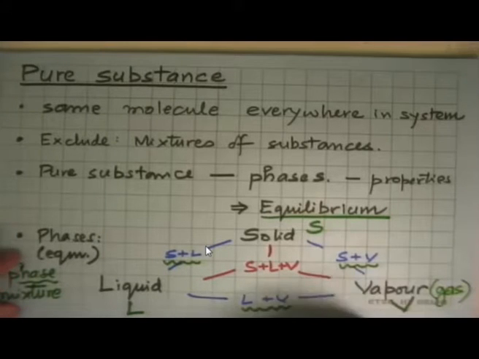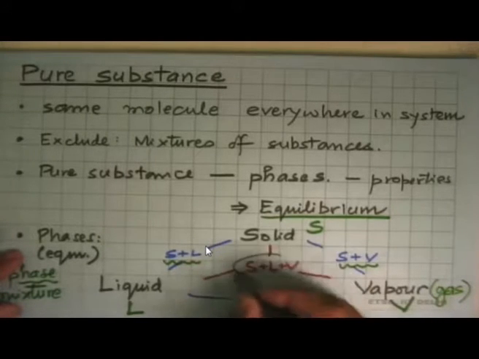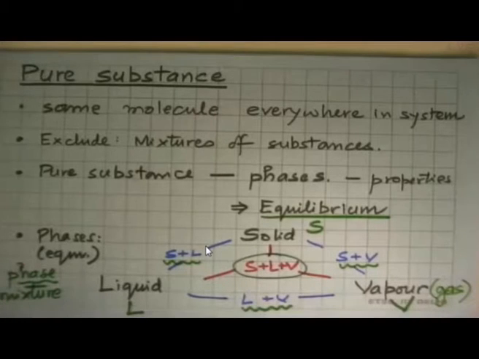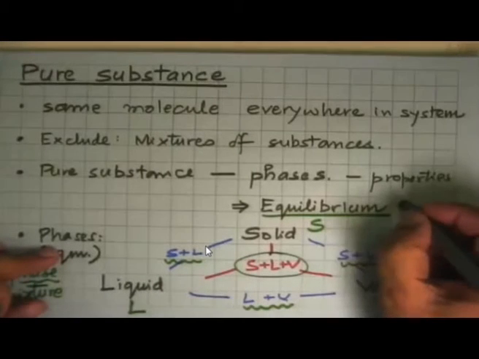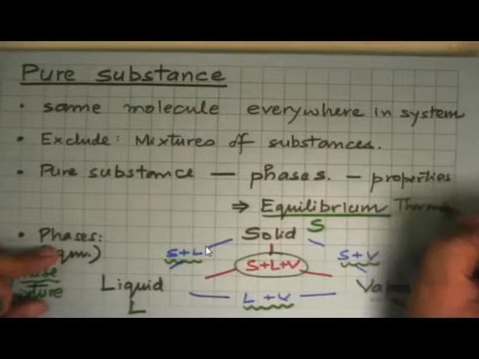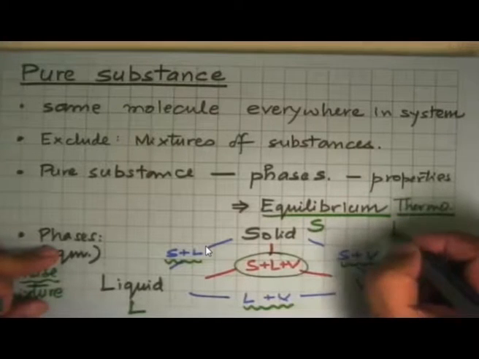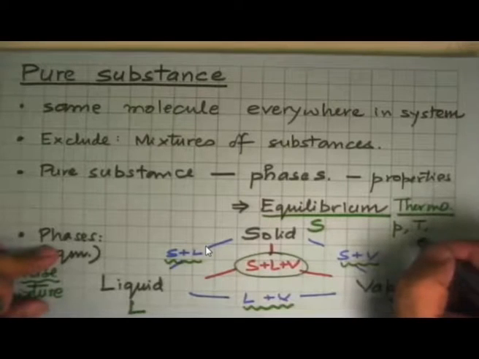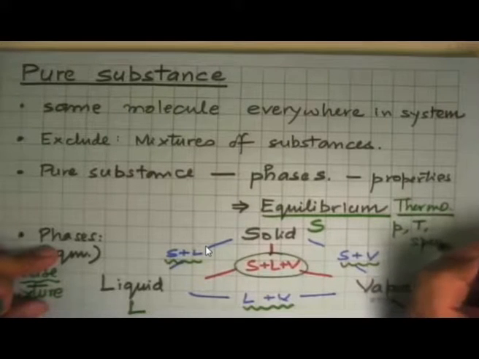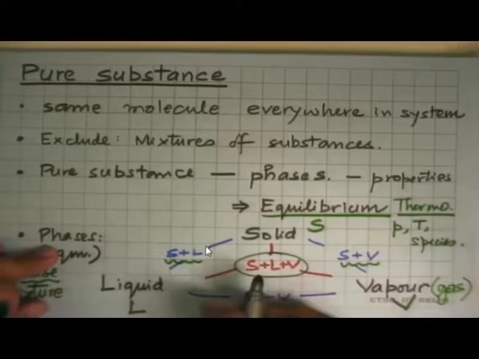And yet one more is possible, where all three phases, solid, liquid and vapor, exist together in thermodynamic equilibrium. What that means is that pressure everywhere is the same, temperature everywhere is the same, and species concentration, in our case only one species, is the same.